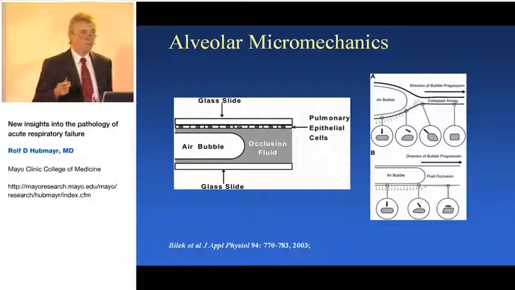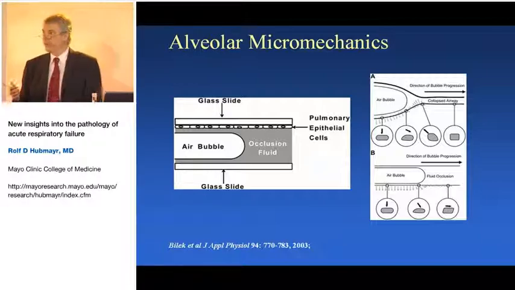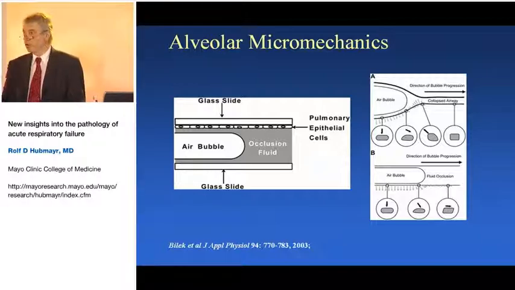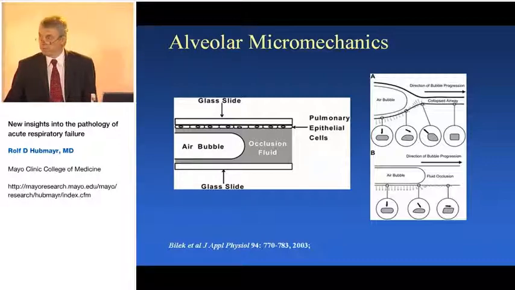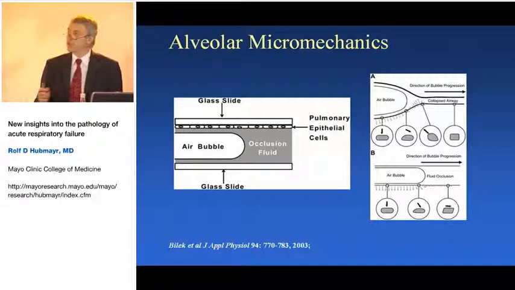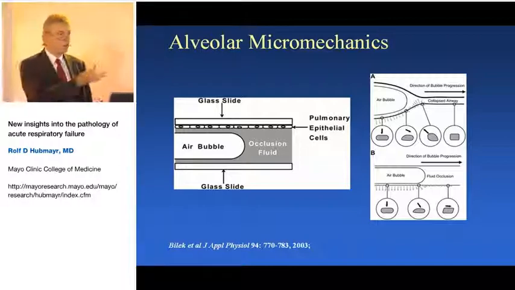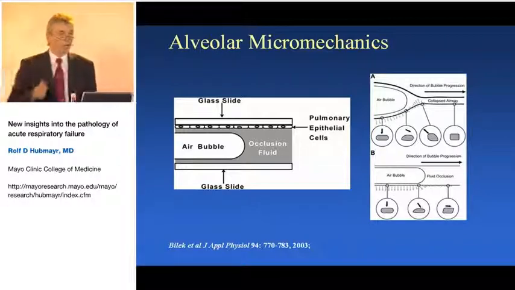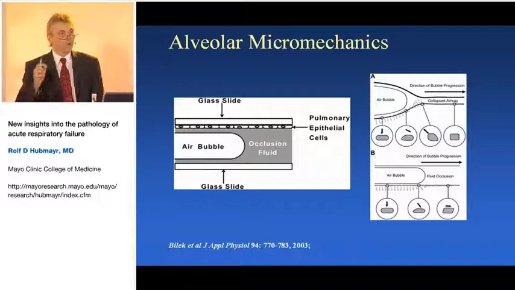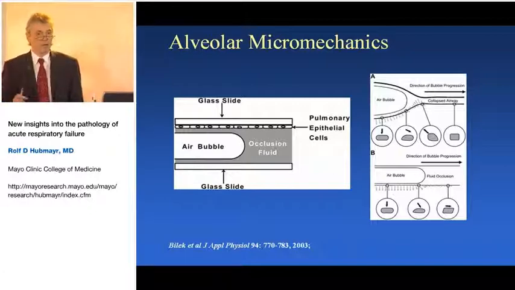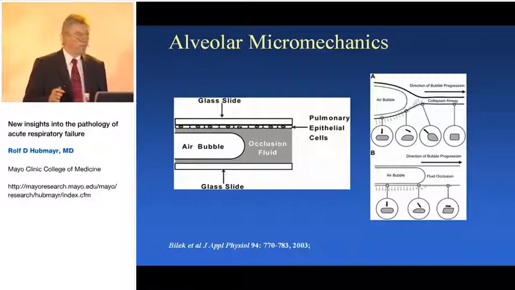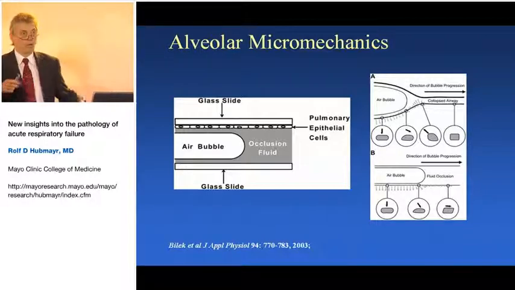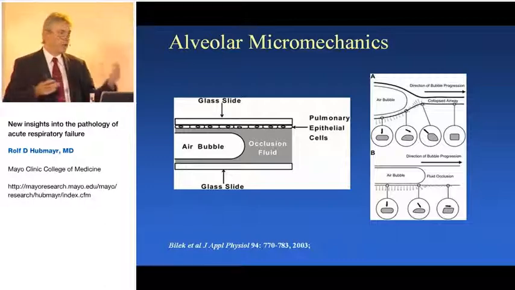So I promised you a slightly different perspective, and I think it's useful to be aware of the work by Don Gaber, and Billig is the first author of this. As Art taught us a number of years ago, small conducting airways tend to be the targets of low-volume injury, and we've come to understand this as an opening and collapse phenomenon.